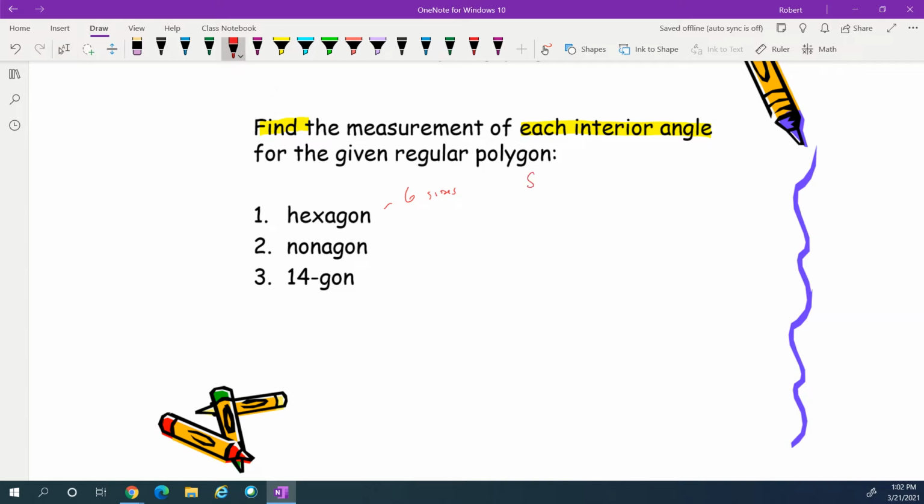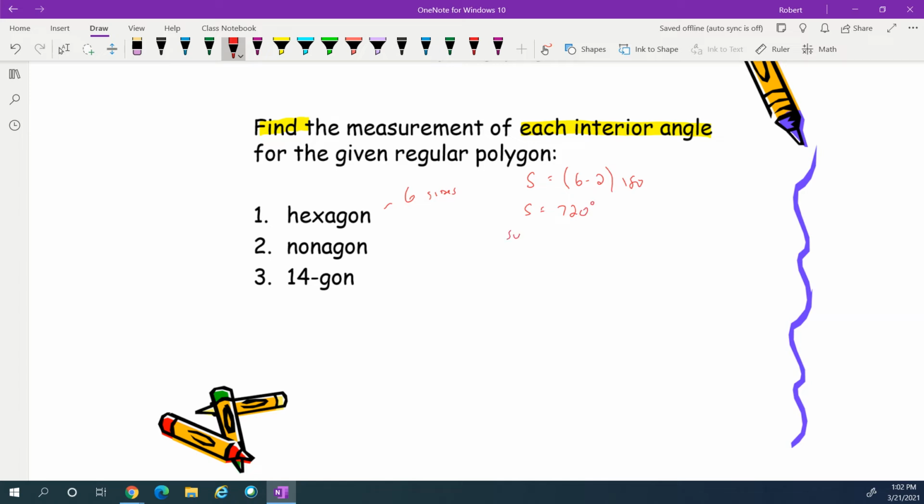So if we find the sum of the interior angles, 6 minus 2, 4 times 180 is 720 degrees.